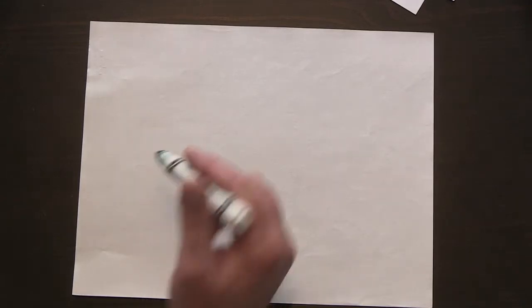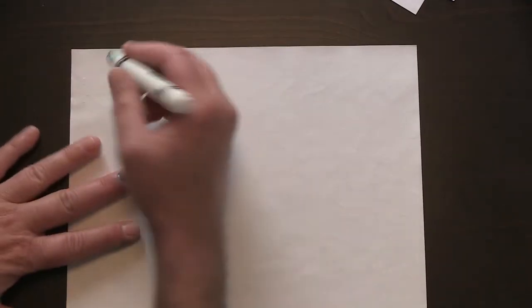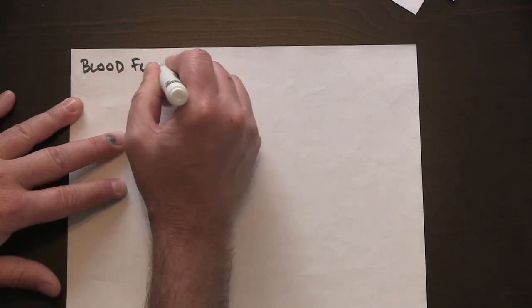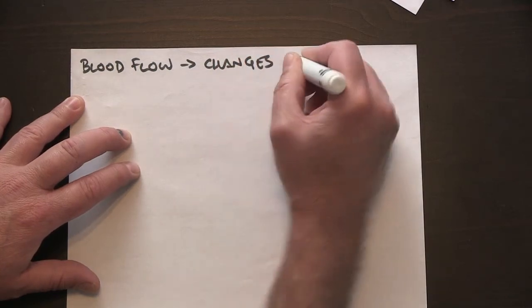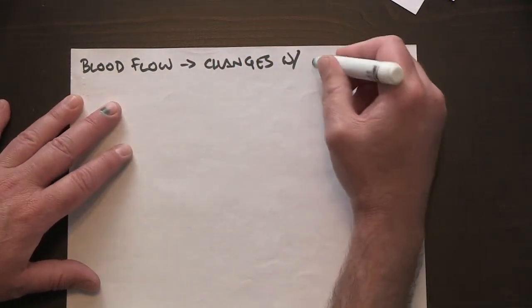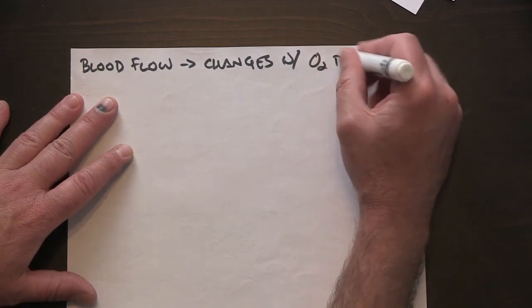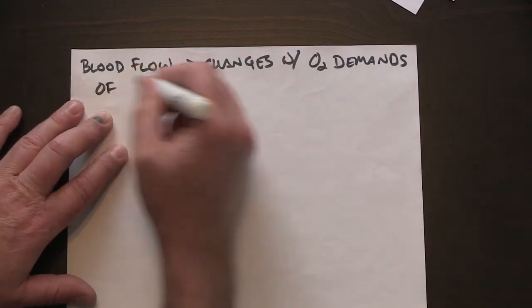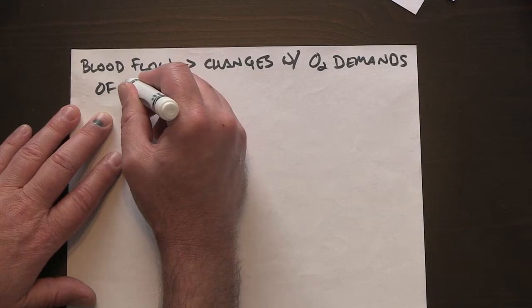So, blood flow obviously is going to change depending on your activity levels. Let's say the O2 demands of the body, and then the getting rid of carbon dioxide.